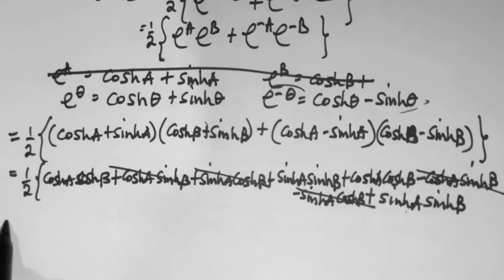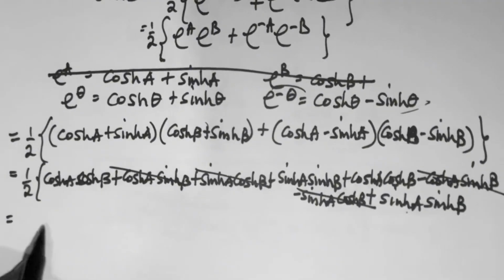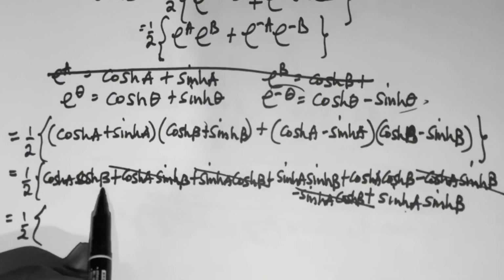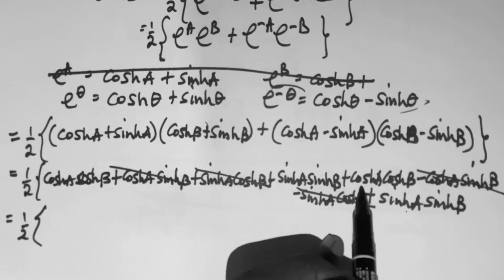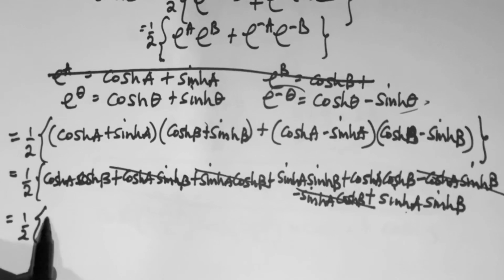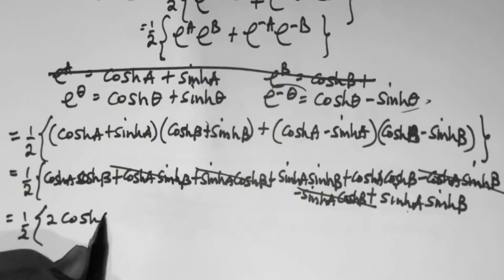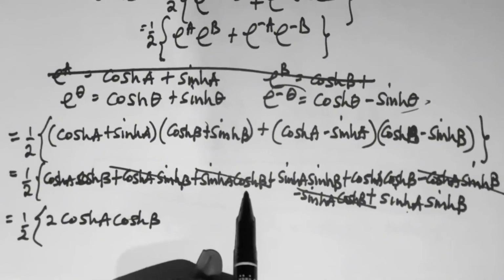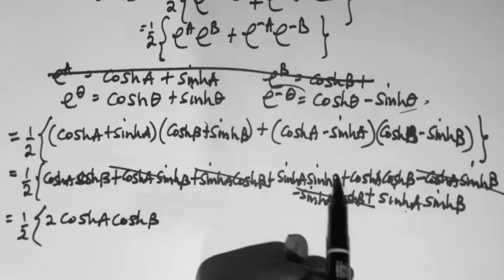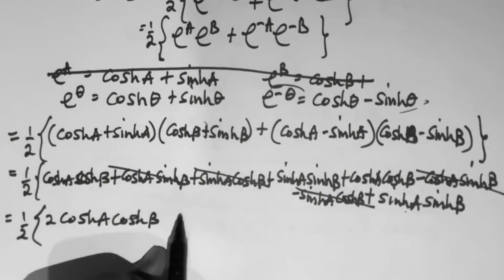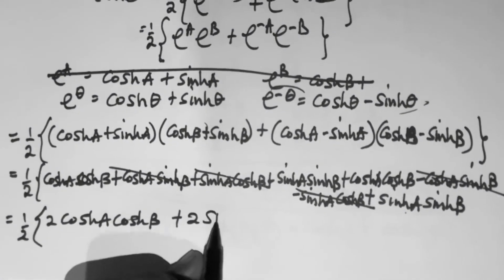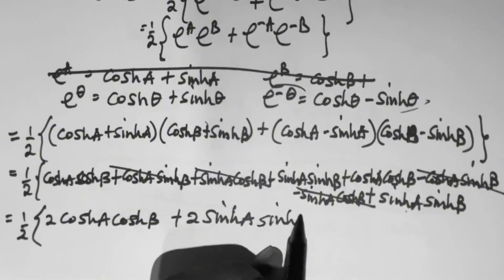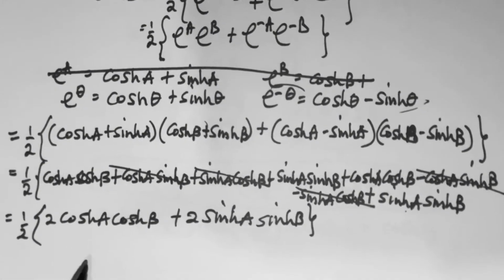So at the end of the day, we are left with half into bracket, 2 cosh A cosh B plus 2 sinh A sinh B, bracket close.